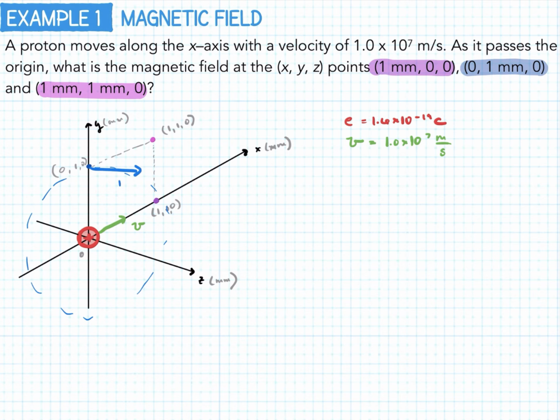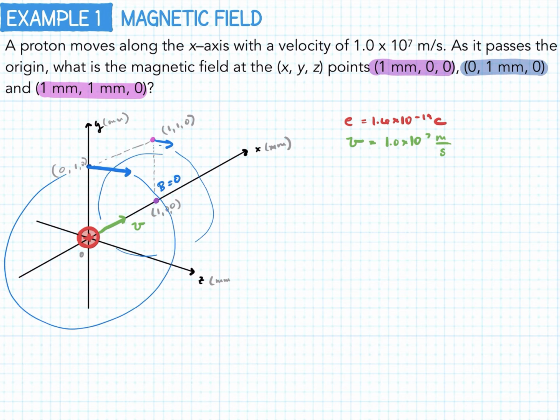All right? And so we can expect, before we even get started, that our magnetic field should be biggest here, smaller here, and it should be 0 here. Because this has to be completely perpendicular, and it gets smaller out here. And the magnetic field lines are always going to be these circles.